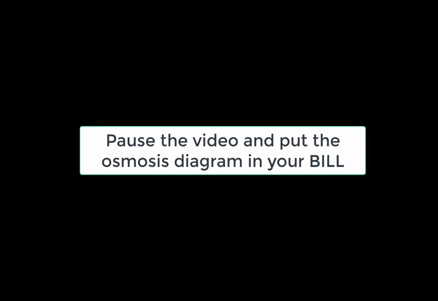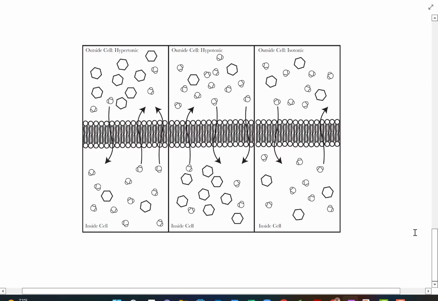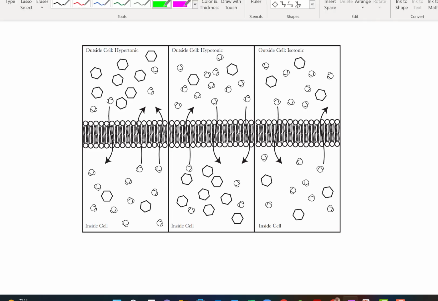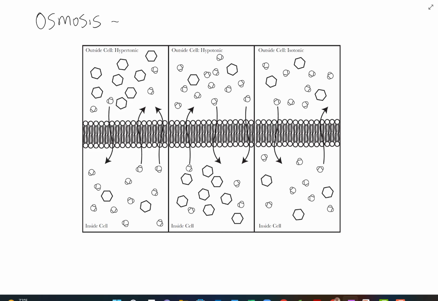Next up, we have a special type of diffusion known as osmosis. And osmosis is the diffusion of water.